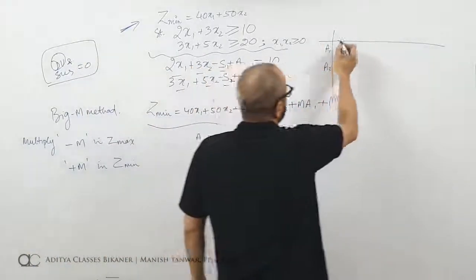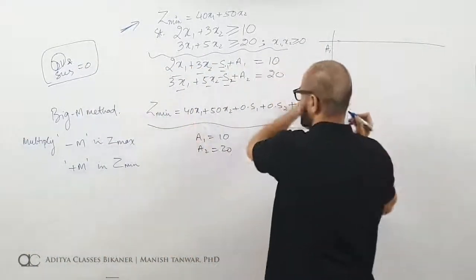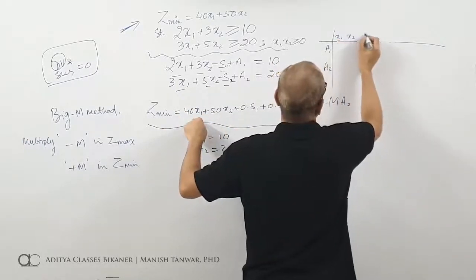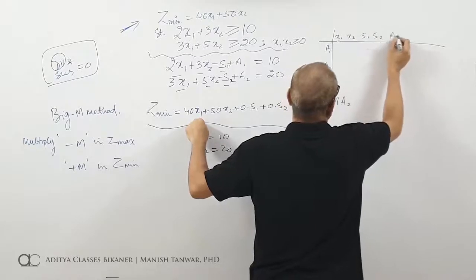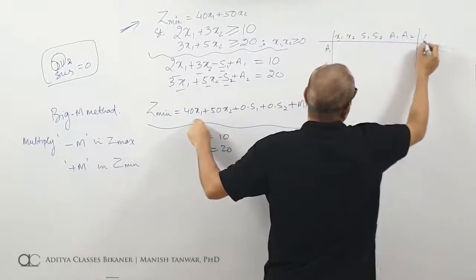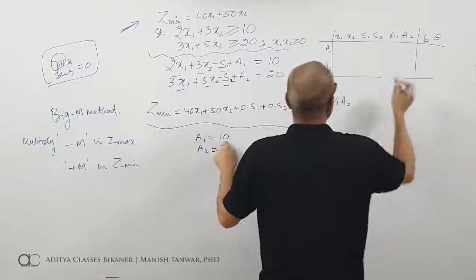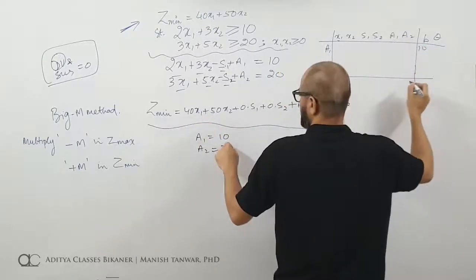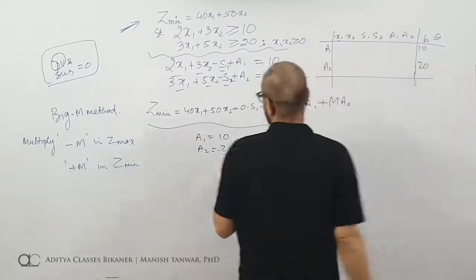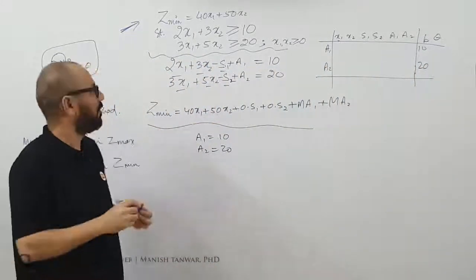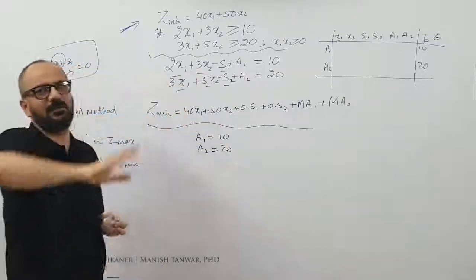What about my simplex table? Simplex table comes from objective function. We will have an x1, x2, s1, s2, a1, a2, b and theta. What is my IBFS? A1 is equal to 10, A2 is equal to 20. This is my IBFS. Objective function now contains all variables. It should always contain all variables.